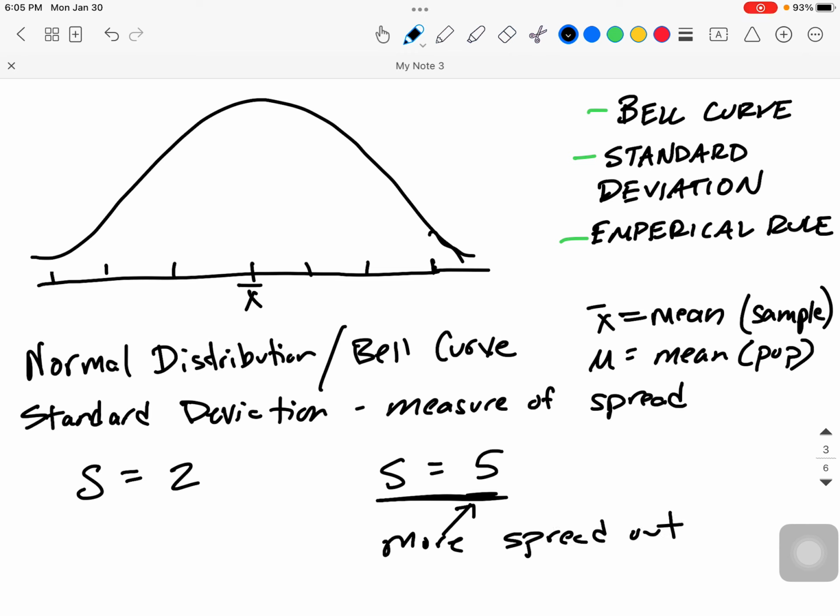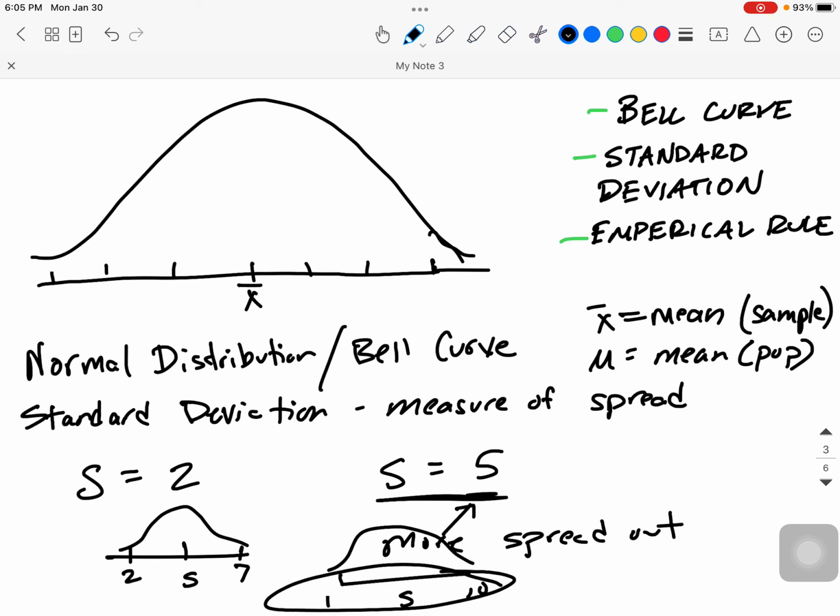If you have a clump of data where the average is 5 and the whole data set is between 2 and 7, versus a mean of 5 where the data goes all the way from 1 to 10, this one over here is going to have a larger standard deviation. It's more spread out.